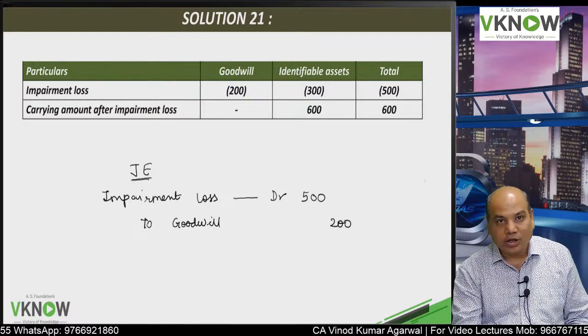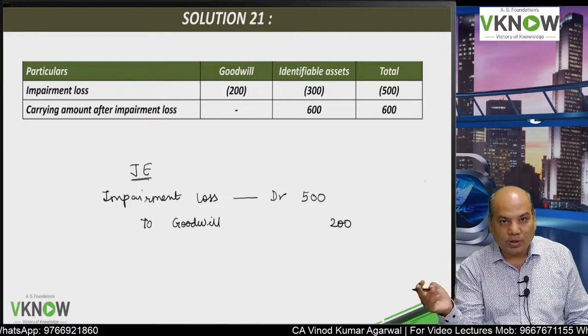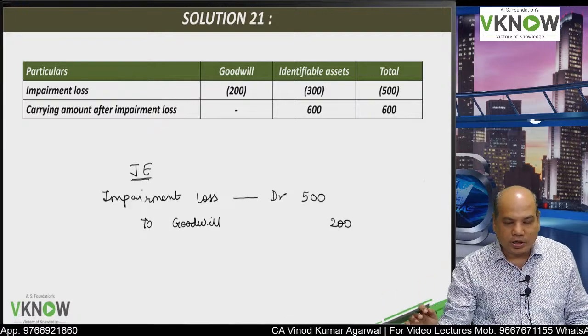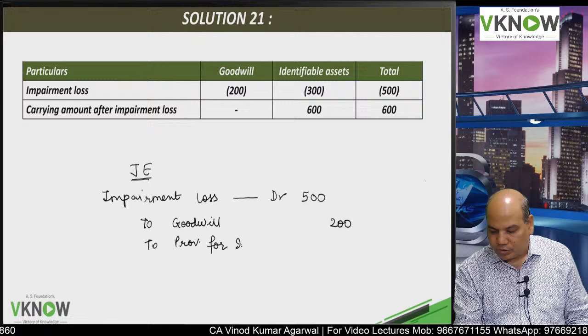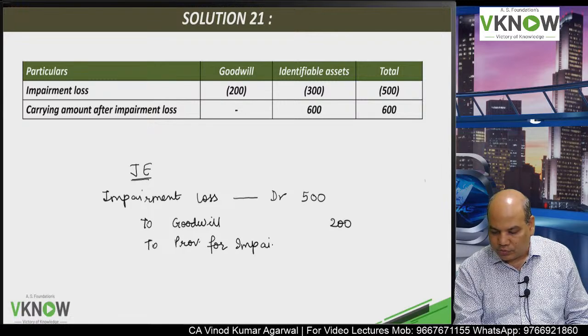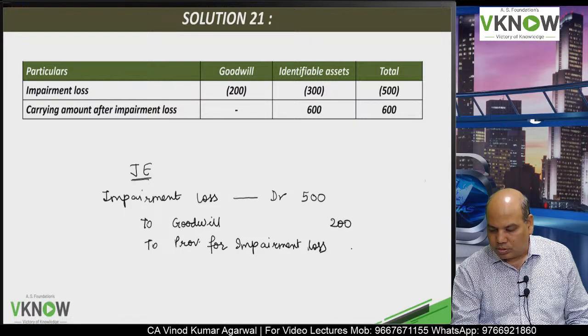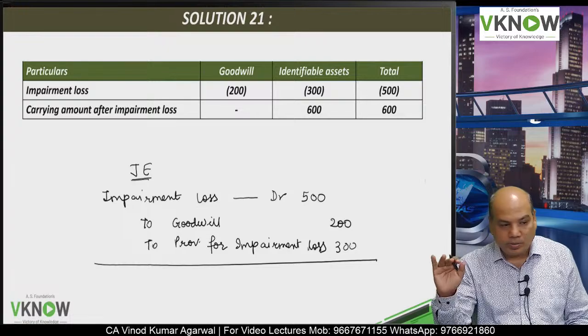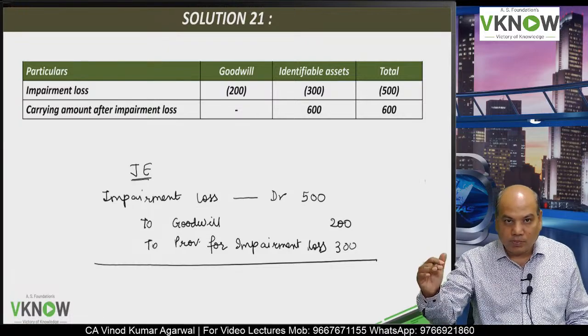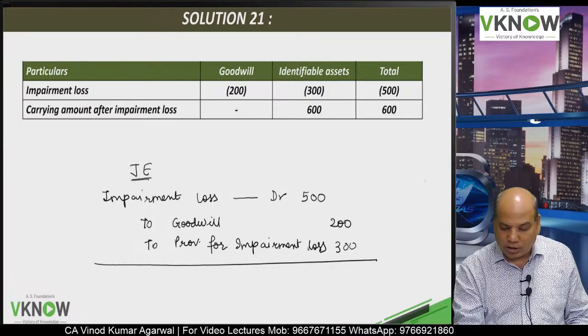Goodwill will be directly written off. So credit goodwill, goodwill written off. And to provision for impairment loss, this will go to reduction from asset in the balance sheet. Goodwill will be reduced. Provision for impairment loss reduced from plant.